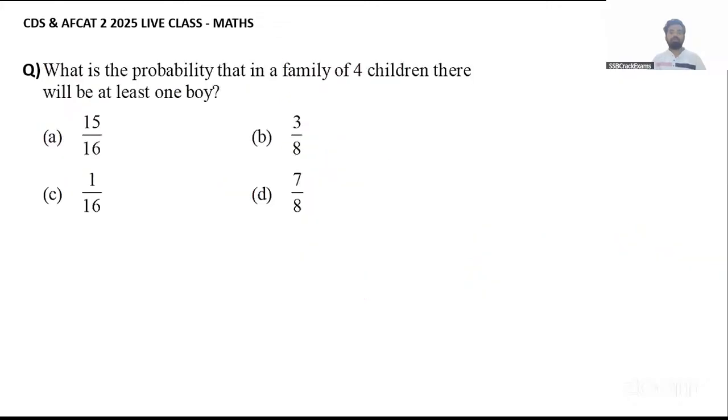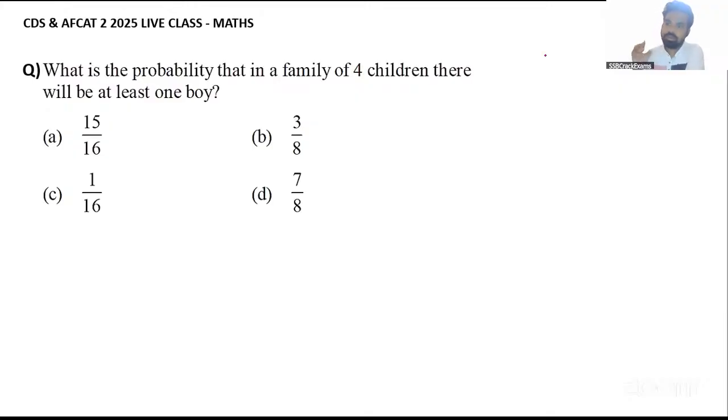The next question. What is the probability that in a family of 4 children, there will be at least one boy? Okay, so there are 4 children in a family, and we need to find at least one boy. Let me tell you the concept of solving these questions.